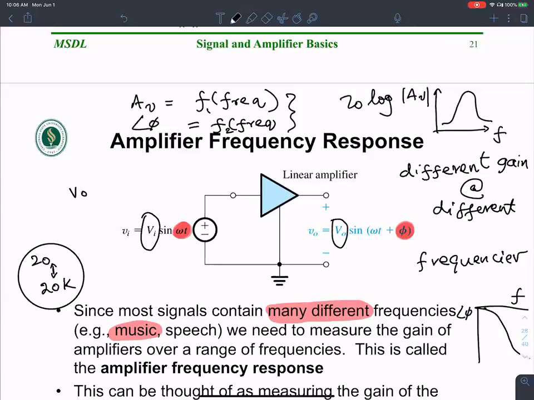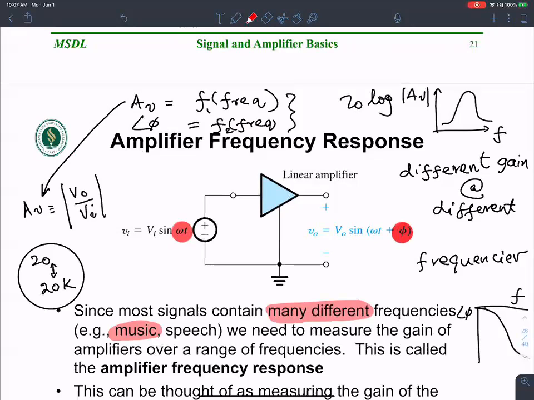VO over VI will give you gain. Gain is usually expressed in dB. That's gain over here. In addition to the difference in the amplitude itself, you want to pay attention to the fact that the output has a phase.